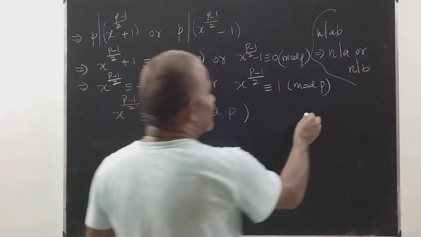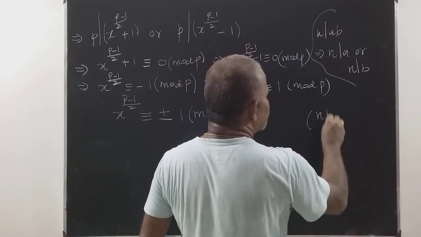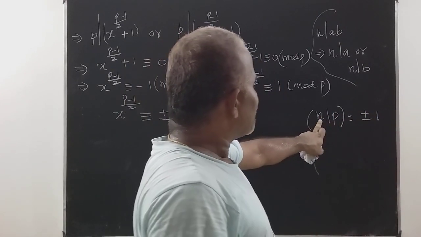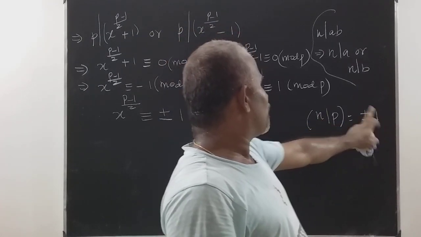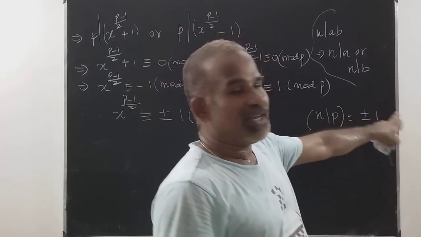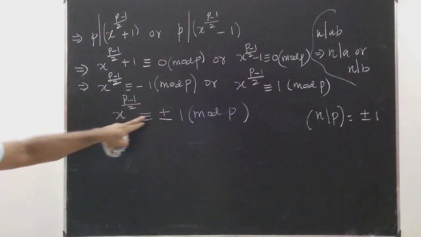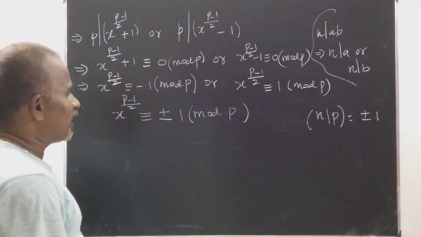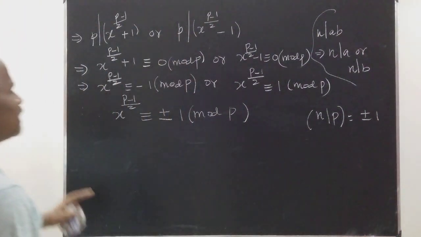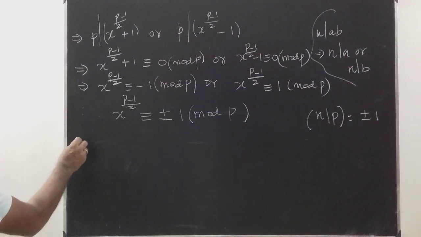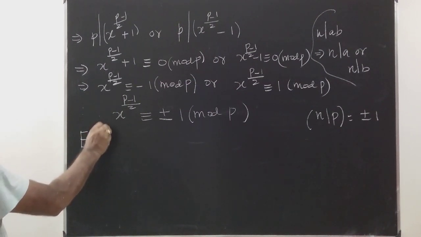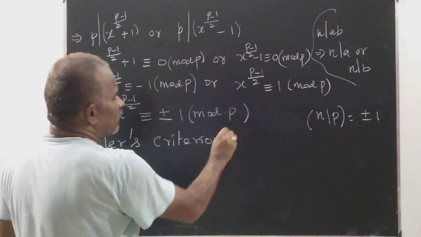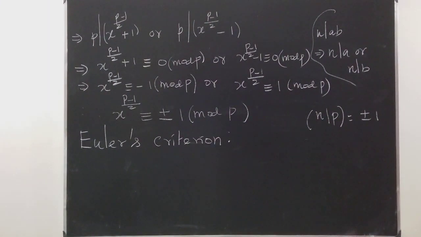Already we know that the Legendre symbol n over p is also plus or minus 1: if n is a quadratic residue mod p it is plus 1, and if n is a quadratic non-residue mod p it is minus 1. So we can relate them, and instead of plus or minus 1, I can take n over p. This is the famous result of Euler's criterion.